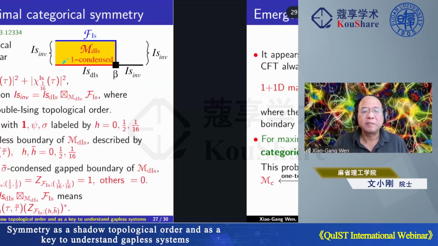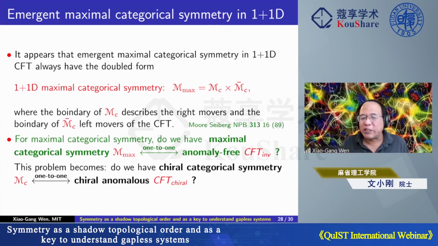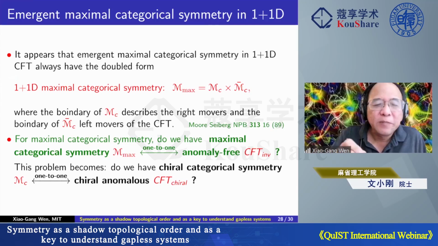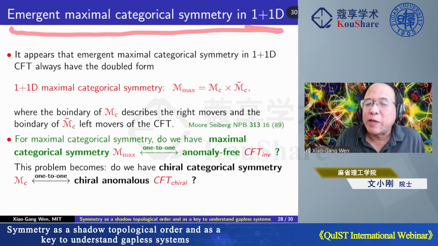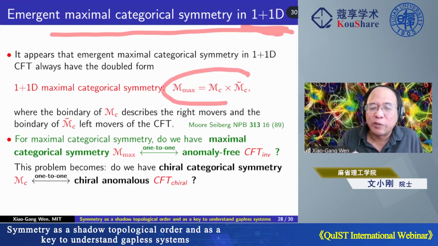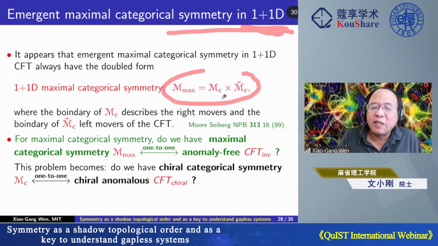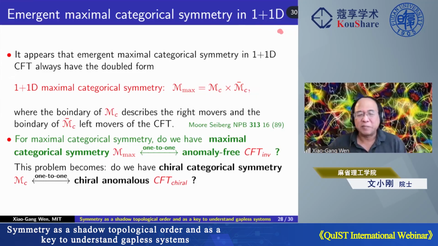So this is a way to introduce the maximum categorical symmetry for the Ising critical point. The result we get here is actually general. It appears that the emergent maximum categorical symmetry for a 1+1 dimensional CFT always has this doubled structure: a modular tensor category times another modular tensor category, the other being the time-reversal or reflection inverse.